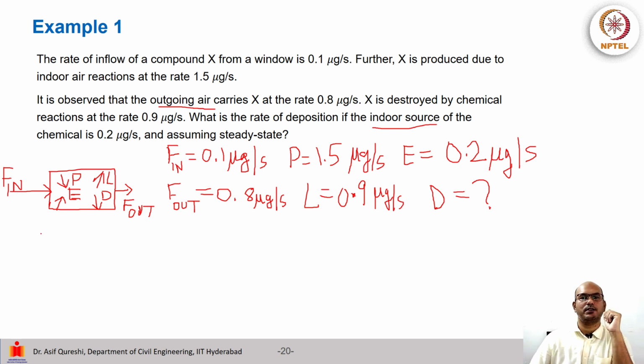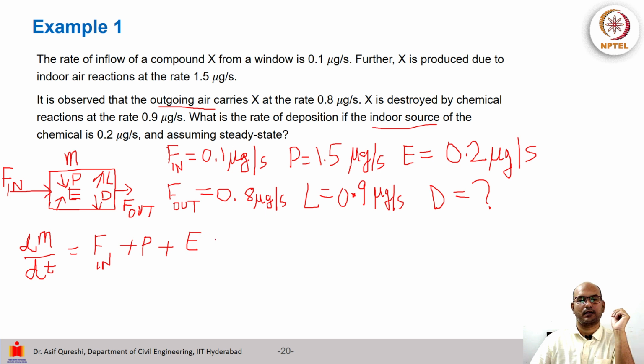So now what we can do is we can set up our mass balance equation. So if mass inside of chemical inside this room is m, we have dm by dt is equal to F in plus P plus E minus F out minus L minus D. Now what else is written?